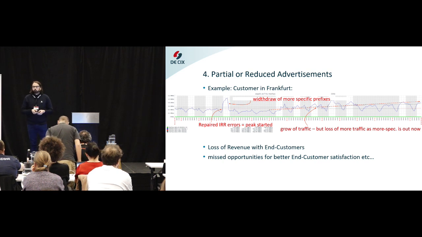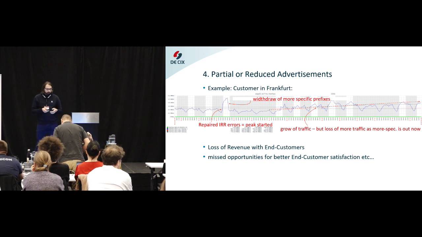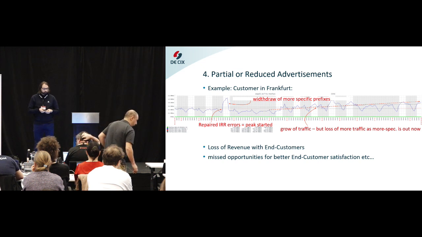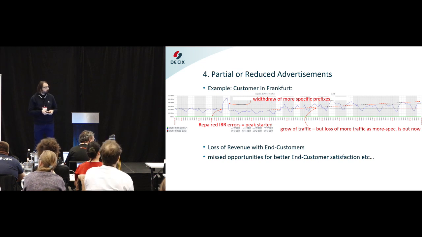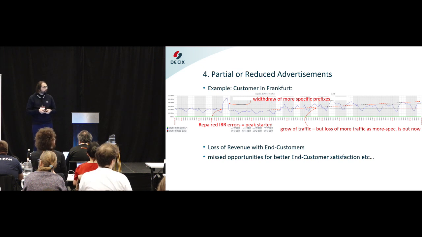Partial or reduced advertisement. So in this example, customer in Frankfurt, the customer repaired some IRR errors. So we heard already a bit about errors. Then you see this peak kicking in. Then it was too much for the customer, and he said, oh, alarm, I have no bandwidth for that, as it peaked a full gigabit.